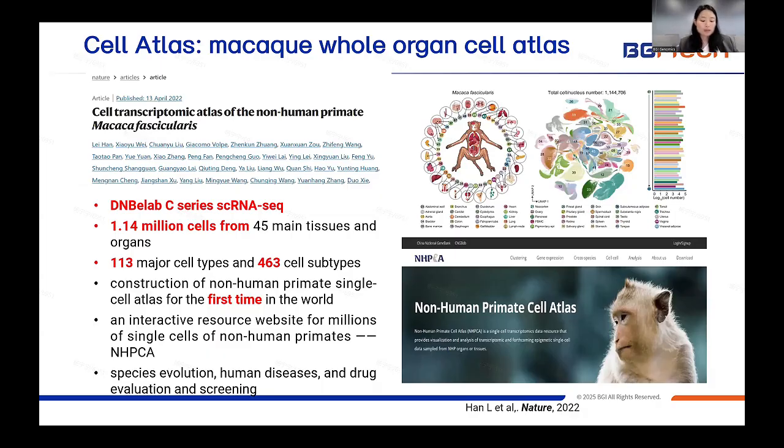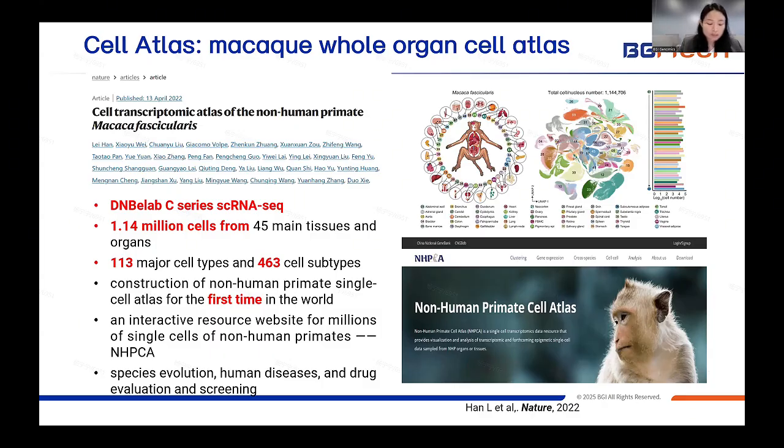The first is the application of C Series single-cell RNA sequencing technology. This article was published in Nature in 2022. This article explains the technical details and methods of our DNBelab C Series single-cell RNA sequencing. It is based on the single-cell library construction and the sequencing platform independently developed by BGI Genomics.